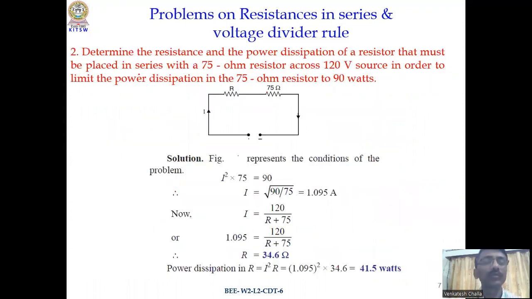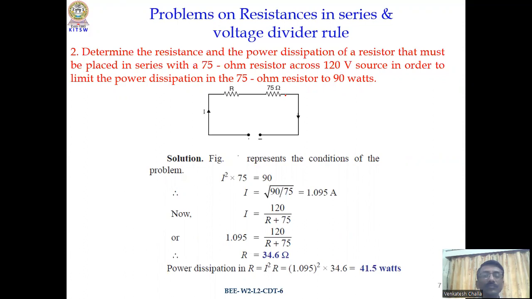Next problem. Determine the resistance and power dissipation of a resistor that must be placed in series with a 75 ohm resistor across a 120 volts source in order to limit the power dissipation in the 75 ohm resistor to 90 watts.